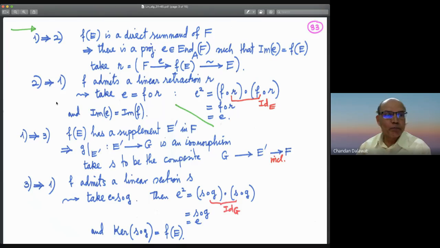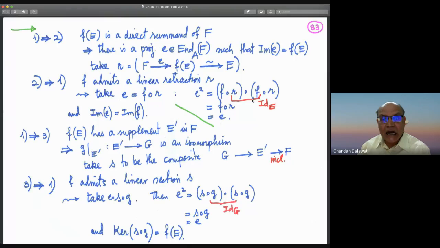So 1 implies 2. How about 2 implies 1? So now we are given a linear retraction, little r. I'm claiming that you can take e to be f composed with r. That's going to be a projector. To check that, you'll compute e squared. That's f composed with r, composed with f composed with r.